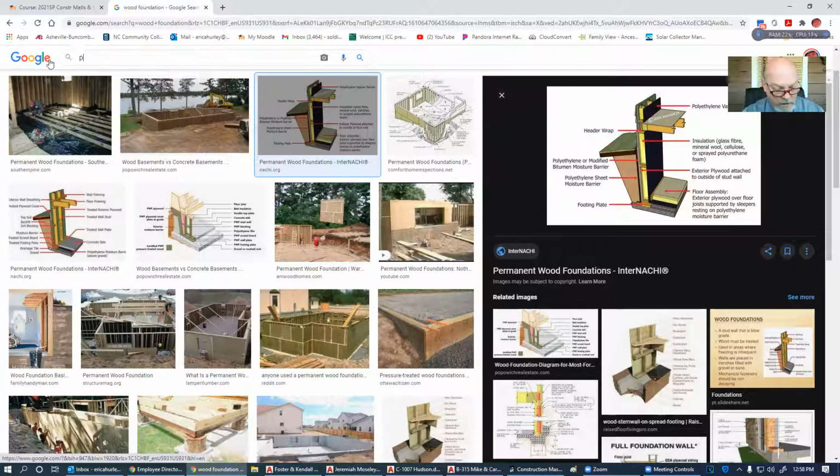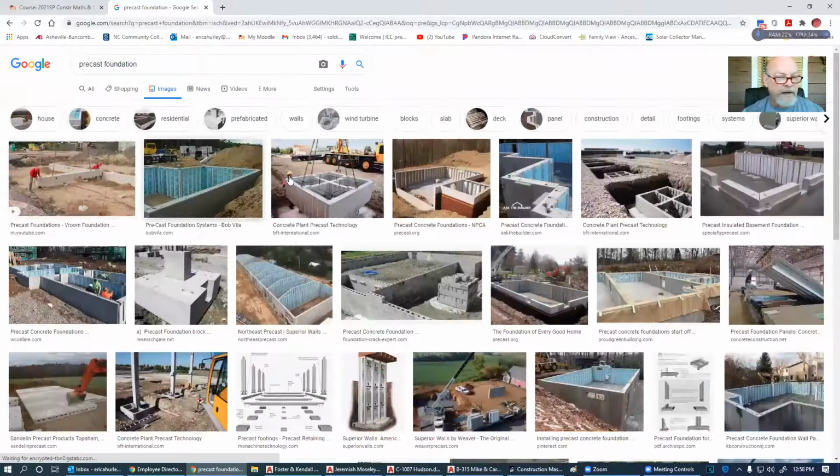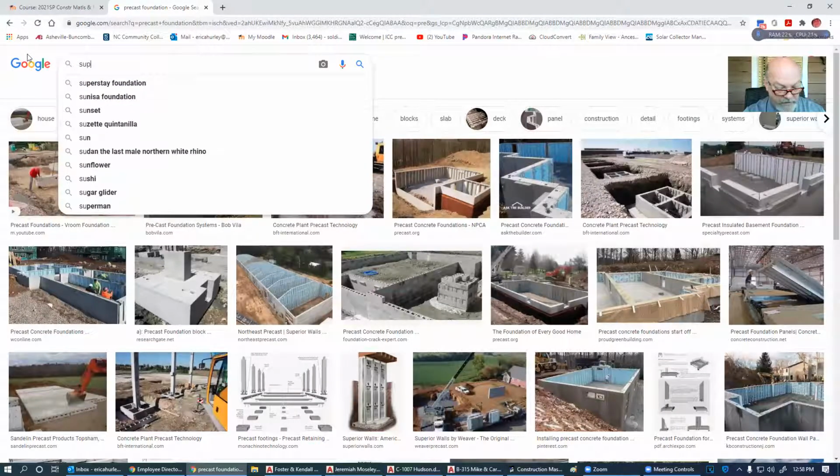What about precast foundations? Precast foundations, and probably the most popular is the Superior Wall. You've probably seen Superior Walls on a truck somewhere.